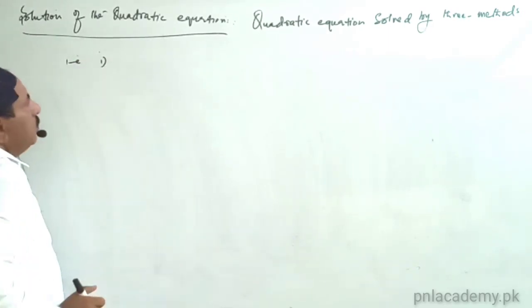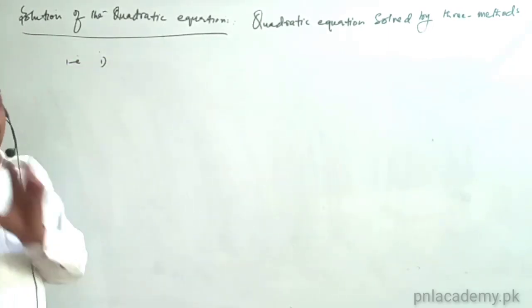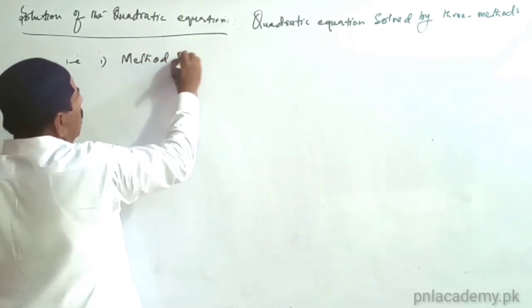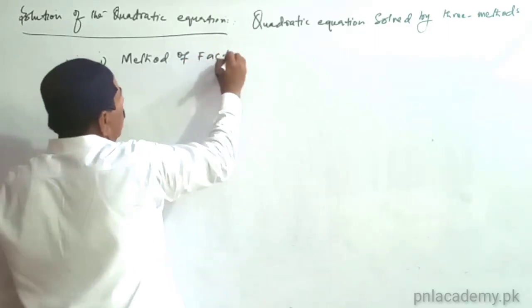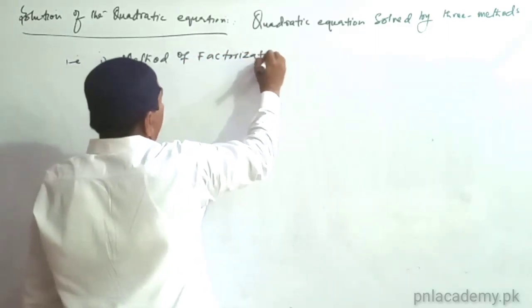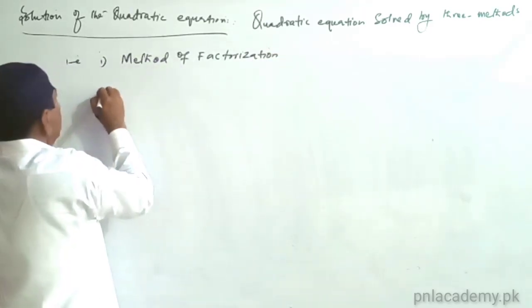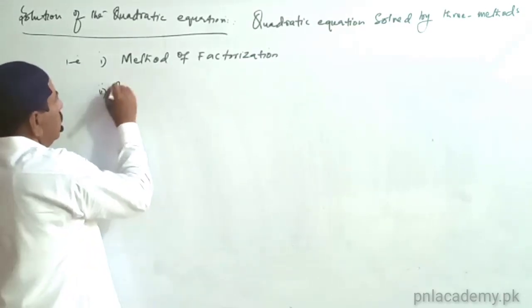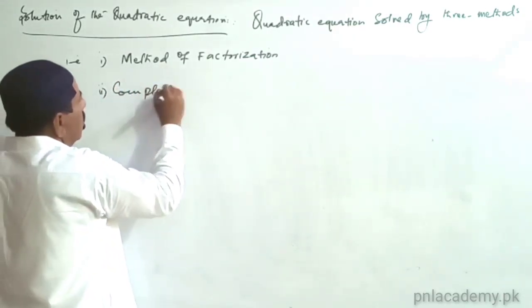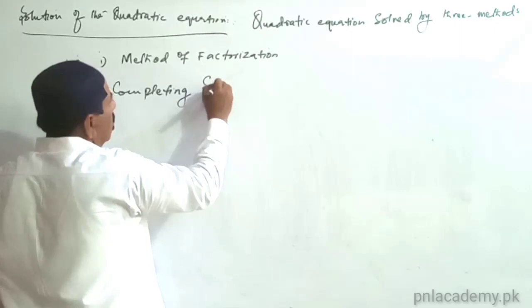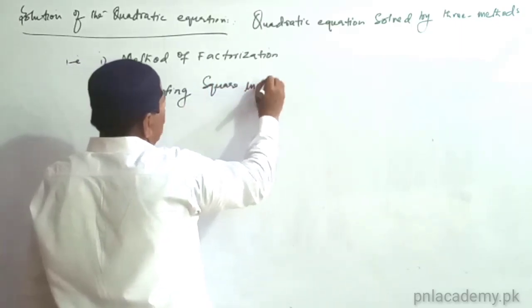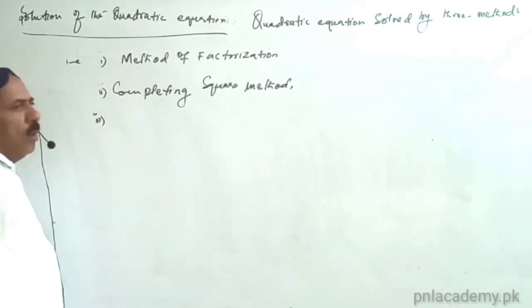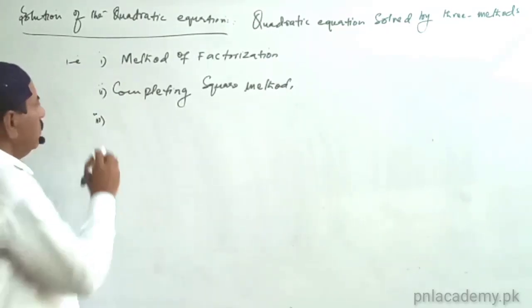Number one is factorization method. Number 2 is completing square method. And number 3 is quadratic formula method.